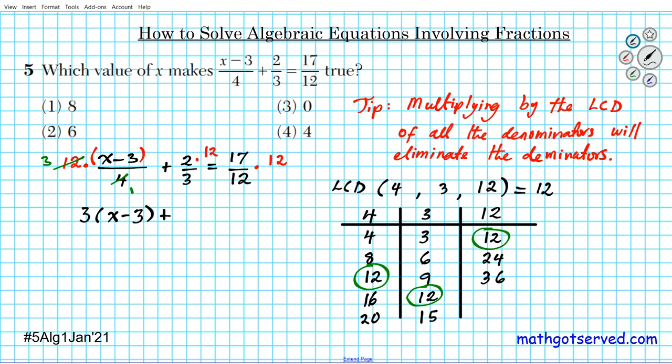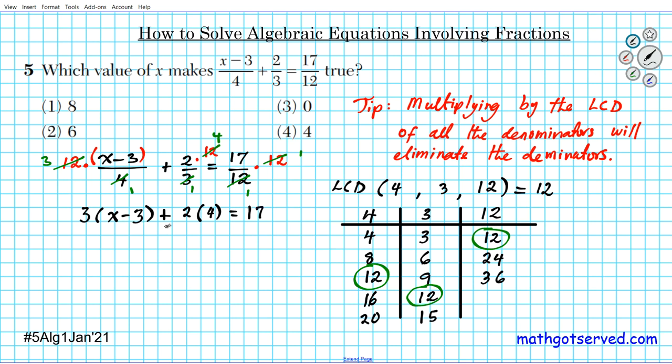Plus, then 2/3 times 12: 3 goes in 4 times, so we have 2 times 4. And over here, last one, 12 goes into 12 once, and then we have 17.